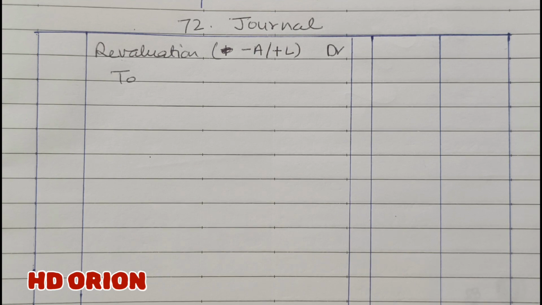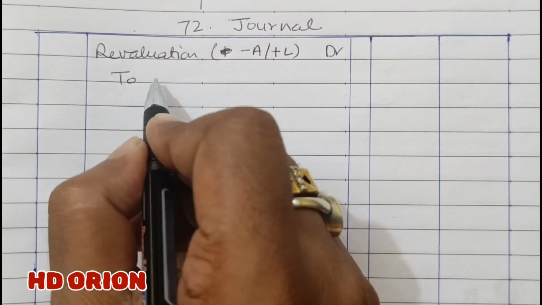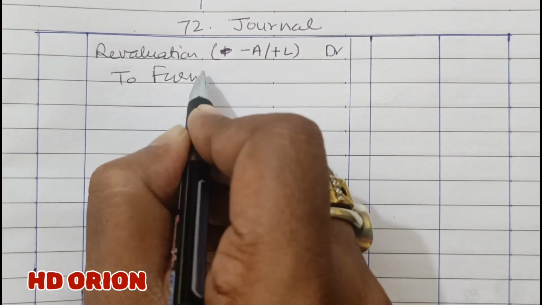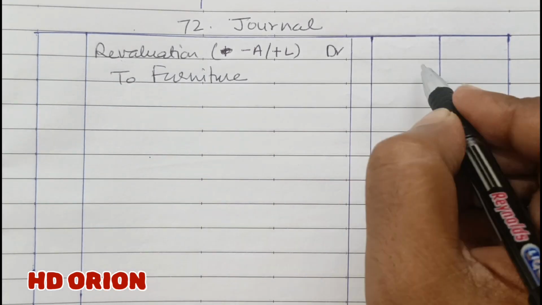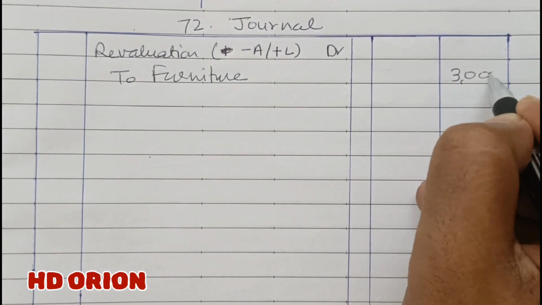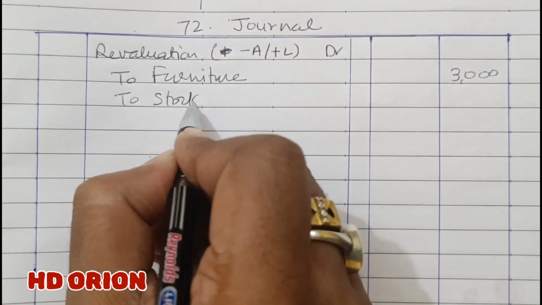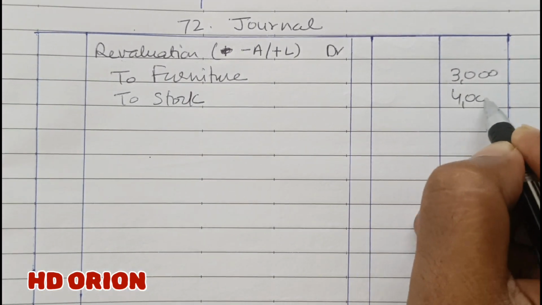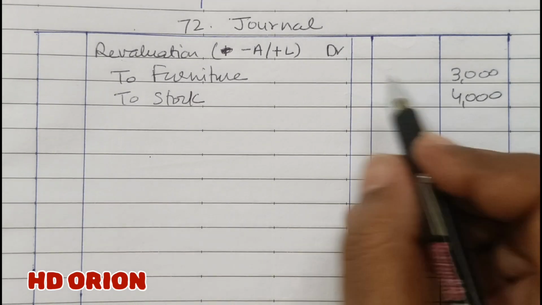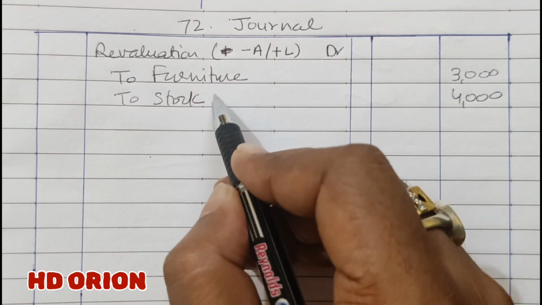So we find that some assets are decreasing, that is furniture. Furniture is decreasing by rupees 3,000. And stock is also overvalued. So stock also we will mention here. It is overvalued by rupees 4,000. And so that is assets have decreased. Fine.